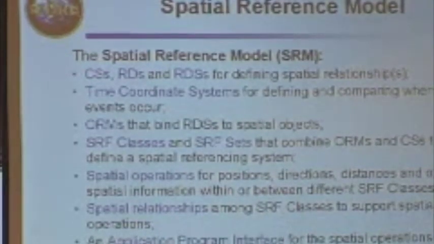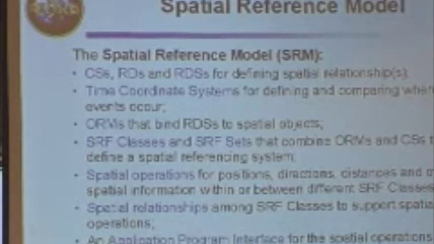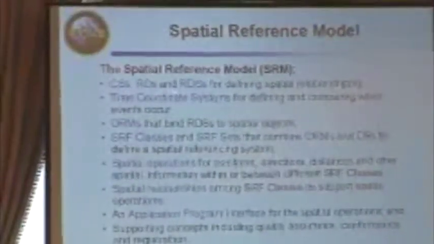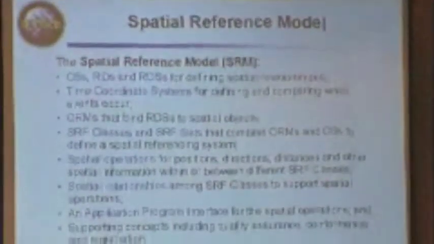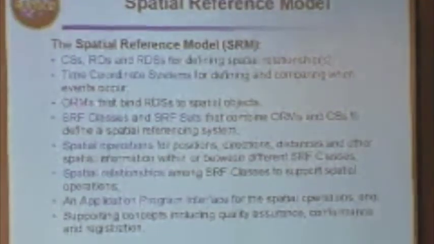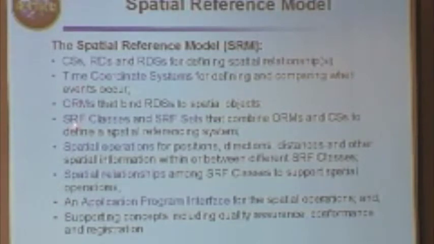All right, this is kind of a review of what the spatial reference model is. It's a set of well-defined coordinate systems, reference datums, reference data sets, time coordinate systems, object reference models, SRF classes that combine an ORM and bind it to a coordinate system so that we can get a spatial referencing system, spatial operations, which I just talked about, and spatial relationships, which we'll look at in a moment, to support these operations.